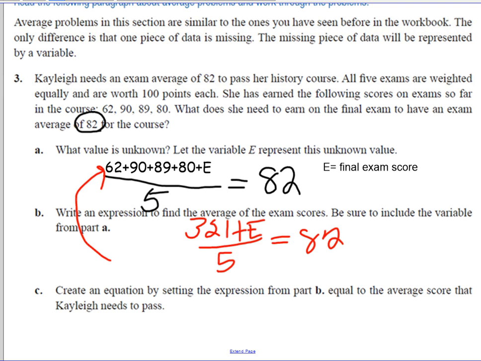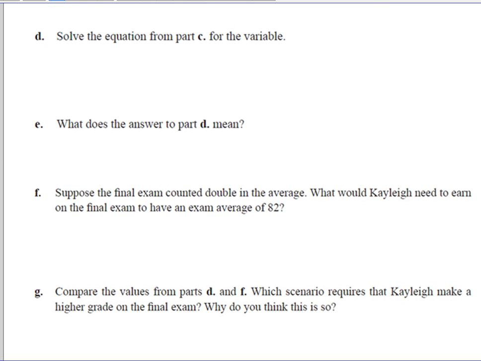So now they want us to solve it. Again, we had 321 plus the E divided by 5, and that equals 82. Normally we were getting rid of addition and subtraction first, but notice these two parts are together on the numerator of a fraction.